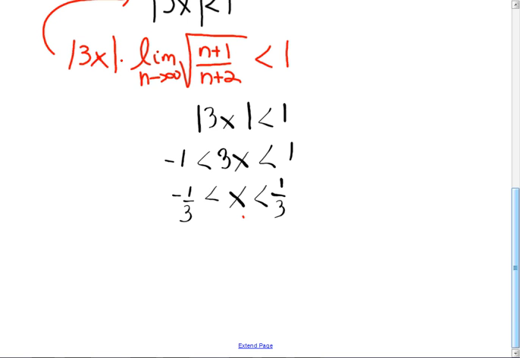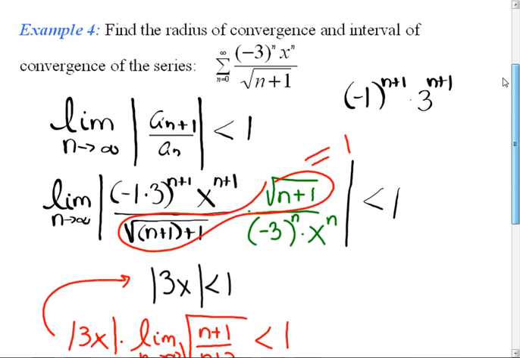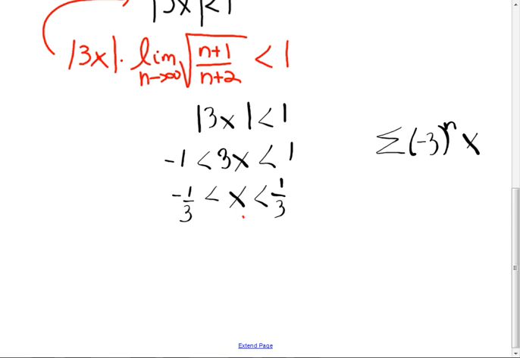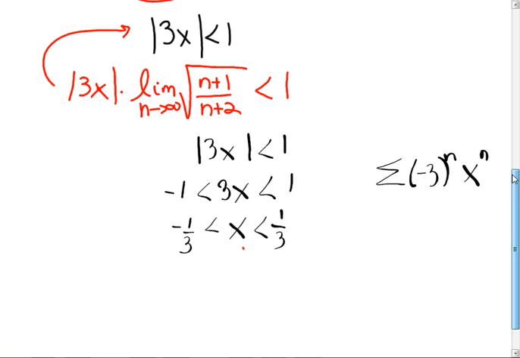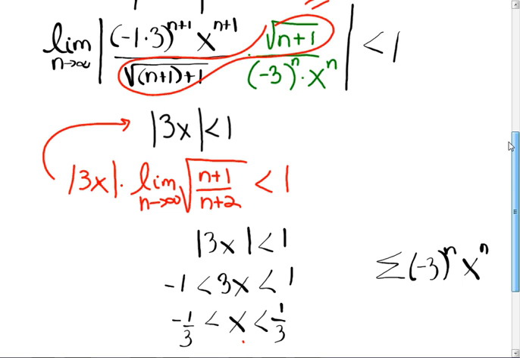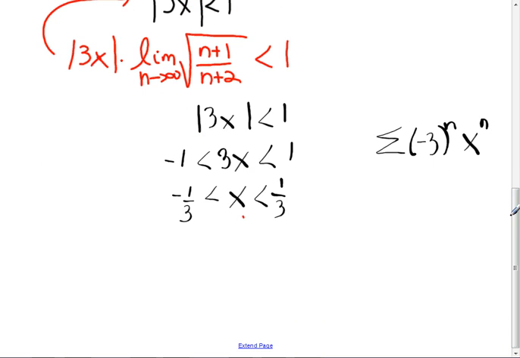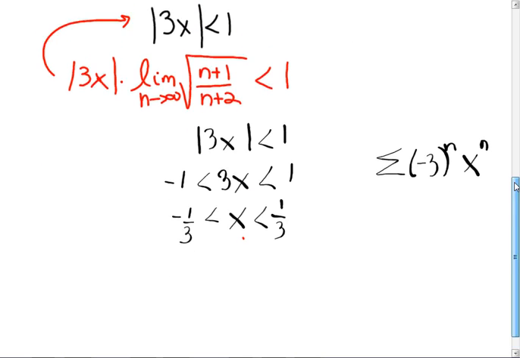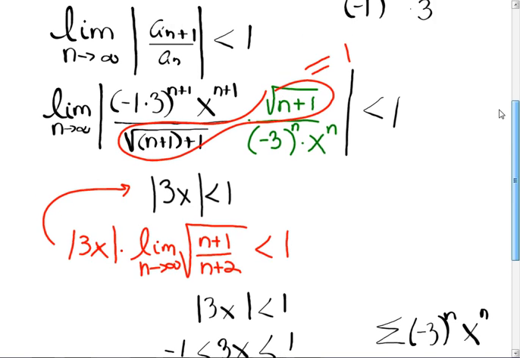Okay, guys? Now for the hard part, the endpoints. I have to check the endpoints because of the absolute value. Wait, what is this over?